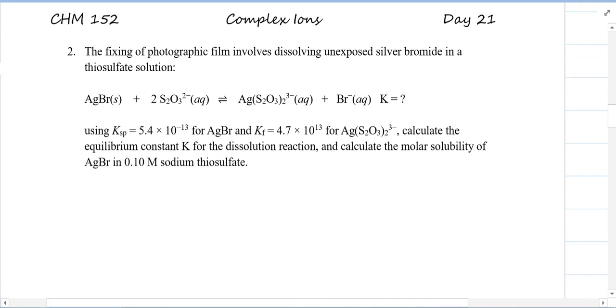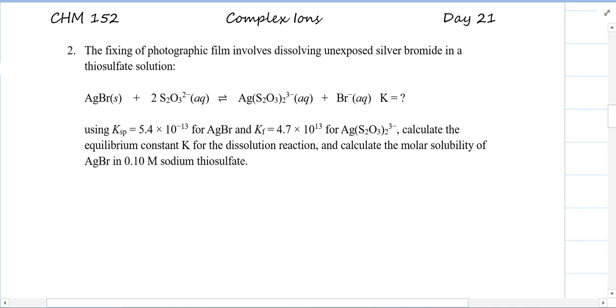Next up, number 2, I like this problem. It's the fixing of photographic film. This is not something we do much anymore, but people used to have cameras where you didn't even know what it looked like until you had it developed. You had film in the camera, and you had to take them to the drugstore to get them developed.